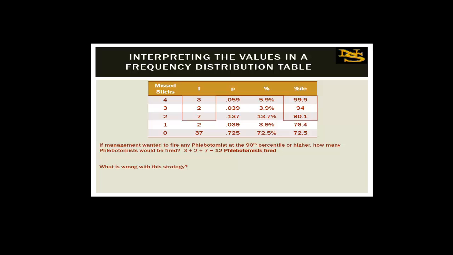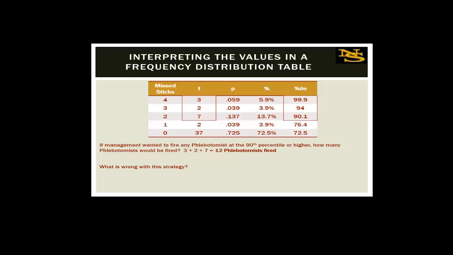Basically meaning that I want to fire people who have missed sticks in the top 10%, and keep the people who have missed sticks in the bottom 90%. That's another way you could think about it. How many have that? Well, 7 at the 90.1 percentile, that's higher than 90th percentile. 2 at the 94th percentile, 3 at the 99.9th percentile. 3 plus 2 plus 7, 12 phlebotomists would be fired.